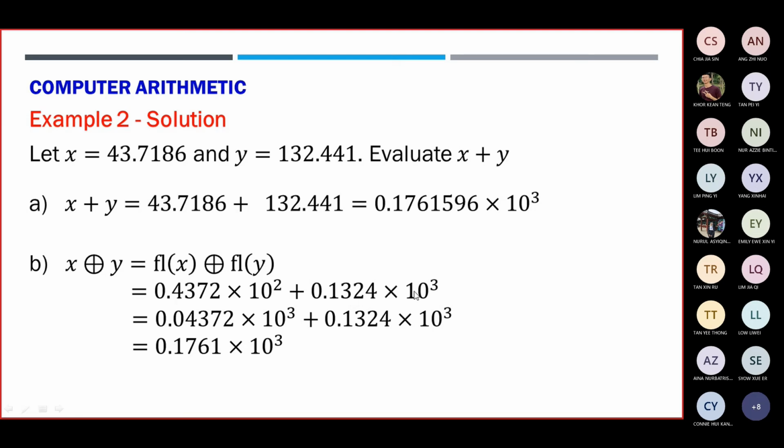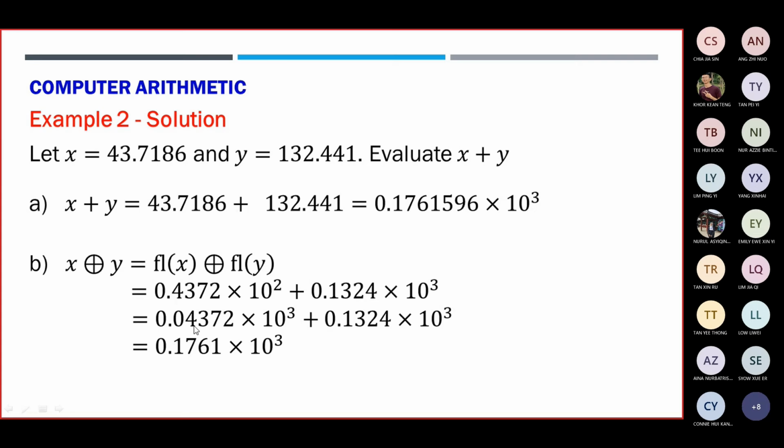Now in order to add these two numbers, remember that even though they are in NDFP form, you cannot simply add them because the index has to be the same. So you need to move this one more decimal place in front and make it 10 power of 3, to balance it with the other side.